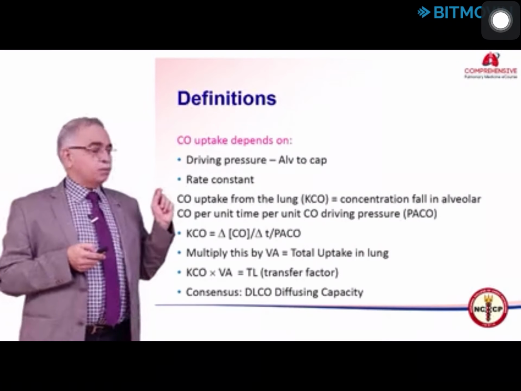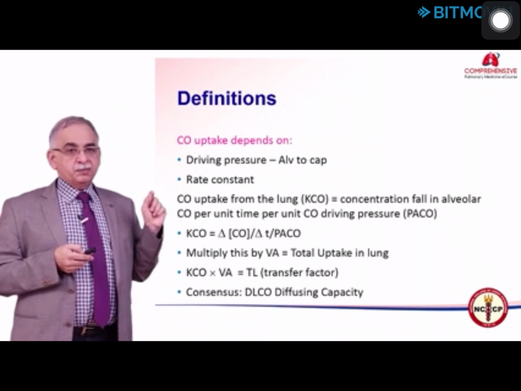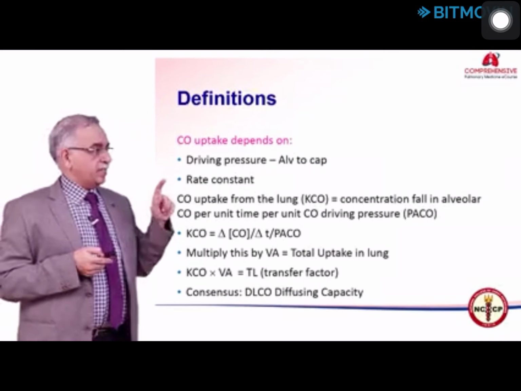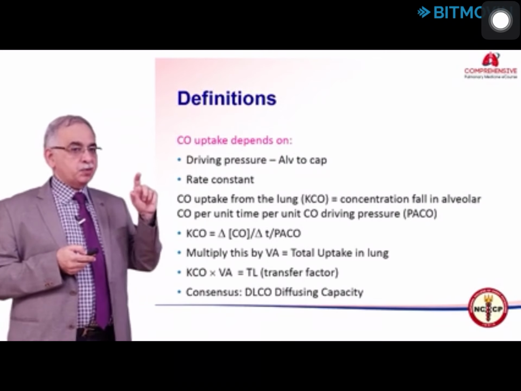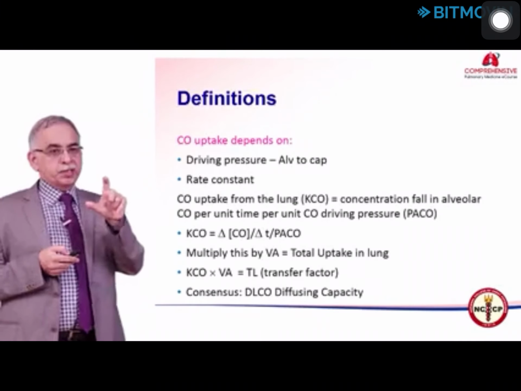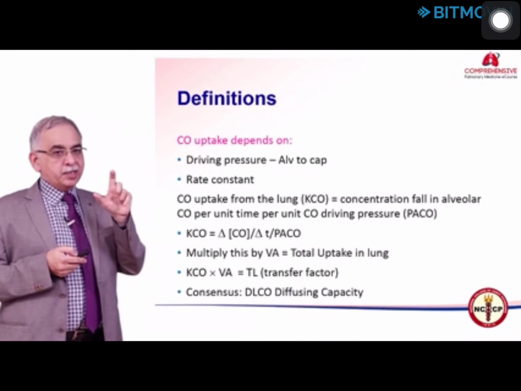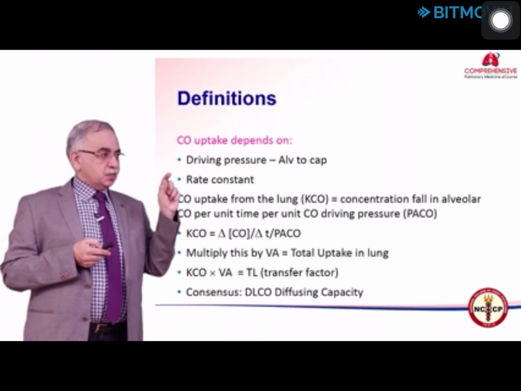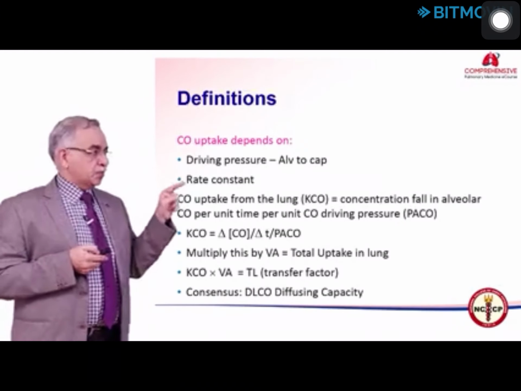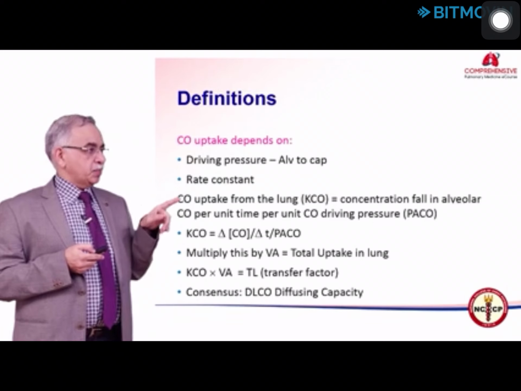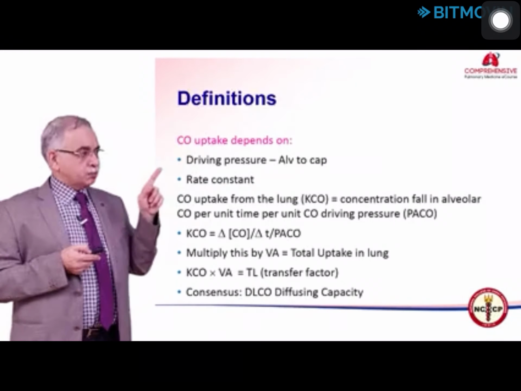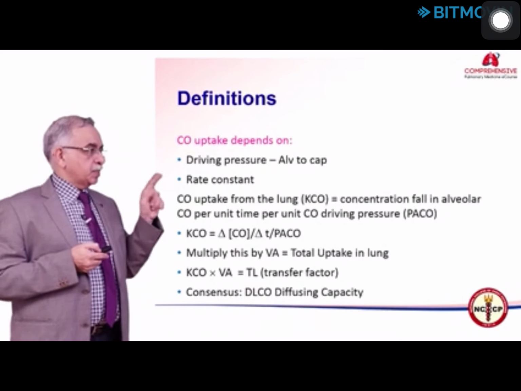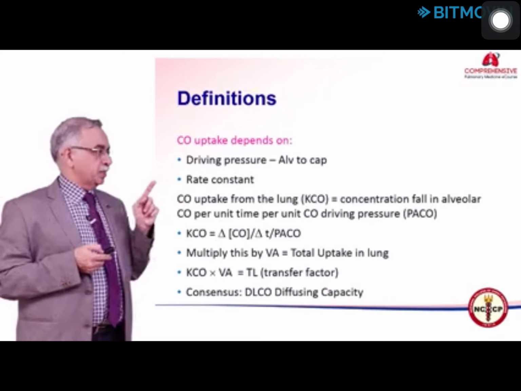So, carbon monoxide uptake from the lung, which is written as KCO, is the transfer of carbon monoxide in 1 unit of the lung, the one single alveolus which we are considering. So, this is the concentration fall in alveolar carbon monoxide per unit time per unit carbon monoxide driving pressure, written as PaCO.